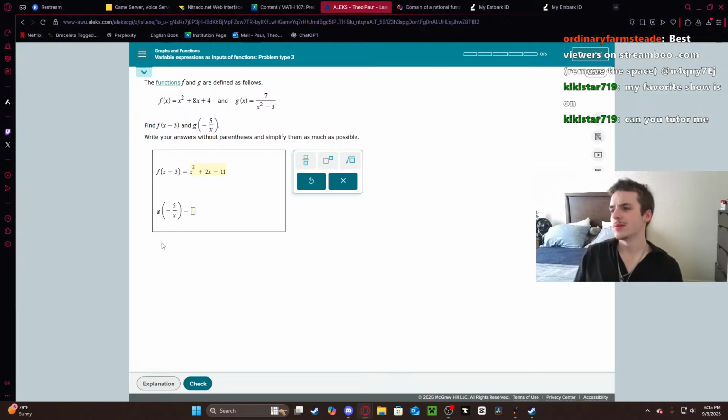I don't exactly know how this would work though. Would it be 3x squared over x squared? That's how you might do that. So then you get 22. No, that wouldn't be it, would it?